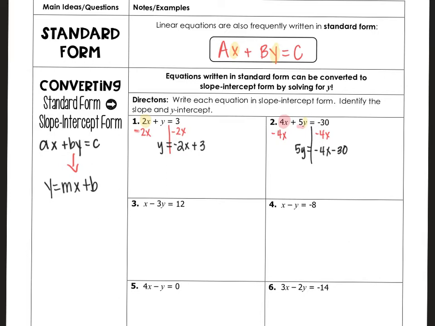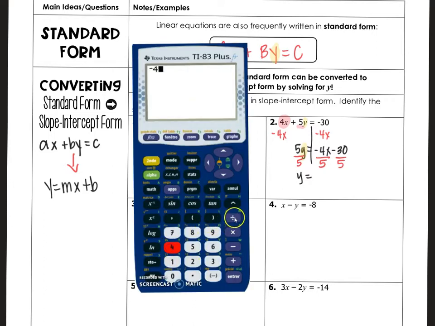Now I still have y on the left side, but it's not by itself. So I need to get rid of that 5 in front of it. That 5 is multiplying the y, so the opposite of multiplication is division. I'm going to divide by 5. I'm left with y equals, and then we'll go to our graphing calculator: negative 4 divided by 5, math, enter, enter, and we get negative 4/5.